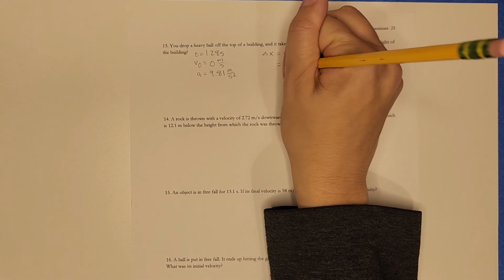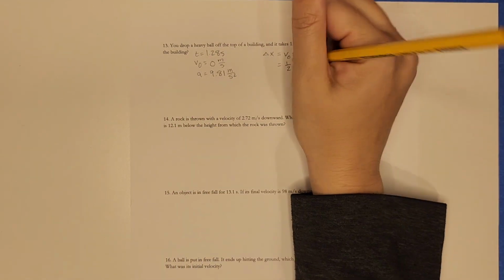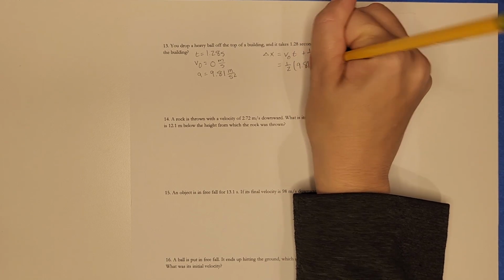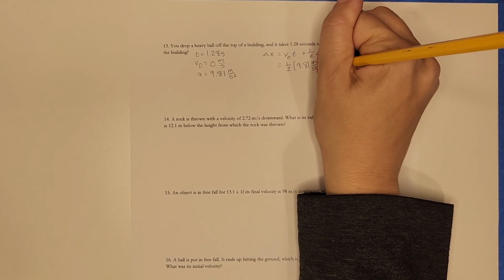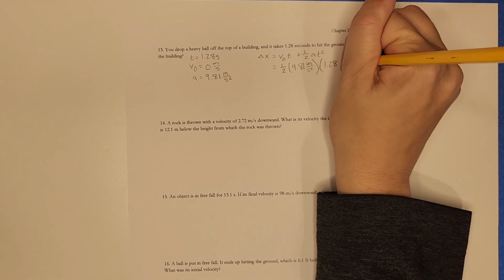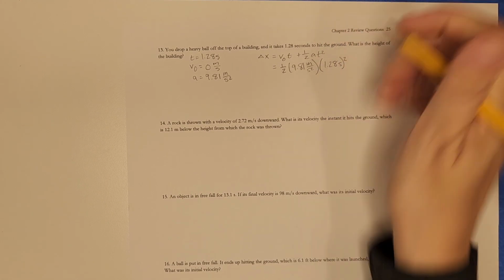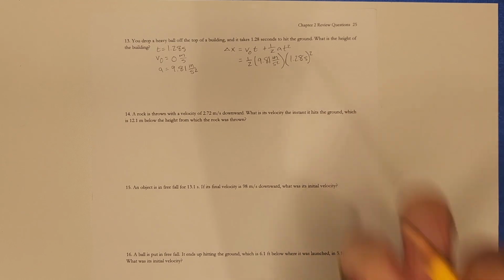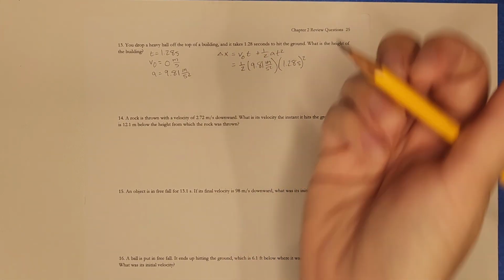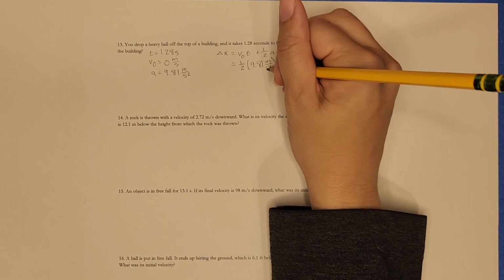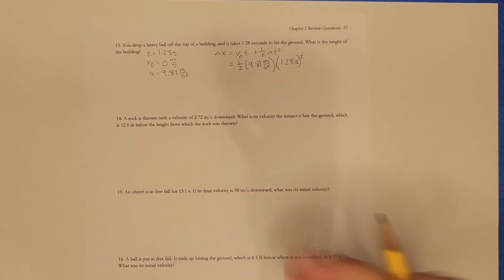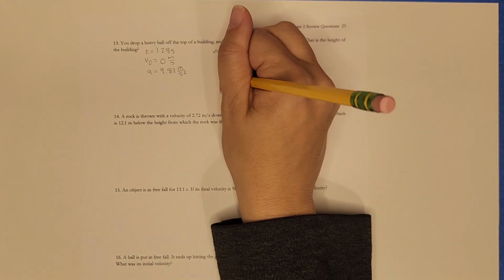Okay, so 1/2, our acceleration is 9.81 meters per second squared, and our time is 1.28 seconds, and we're going to square that. Seconds squared is going to end up canceling, and you're going to end up with meters as your final unit.